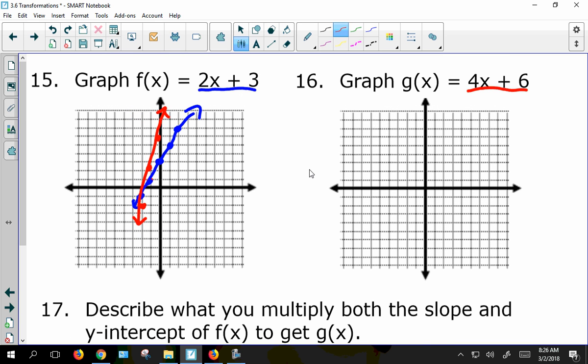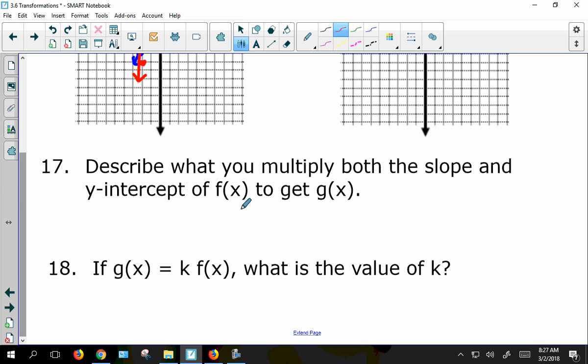I multiply it by 2, yes. Because if I come up here and multiply this whole thing by 2, I'm going to get 4x plus 6. It's the exact same thing. So you multiply it by 2.